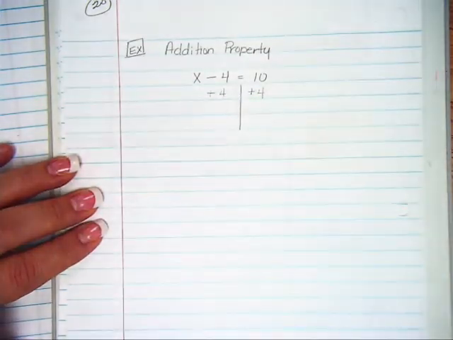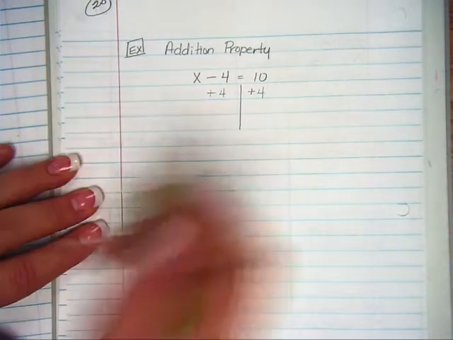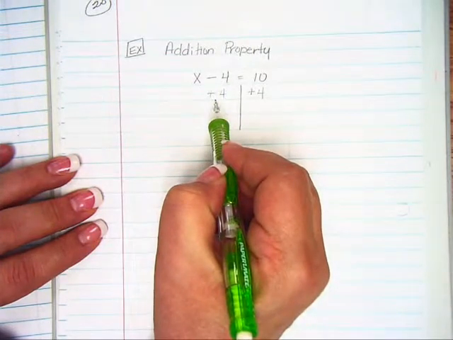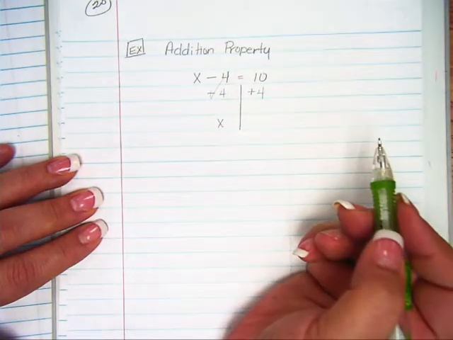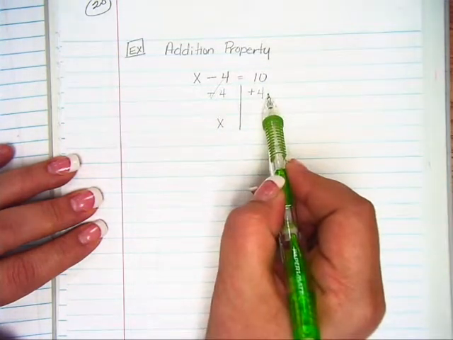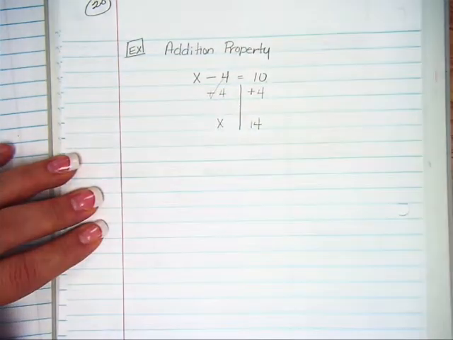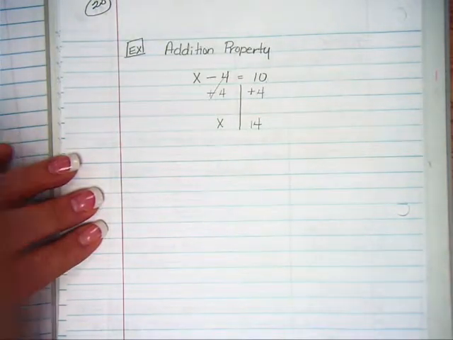Why do I have to add 4 to both sides? Exactly. That's the addition property of equality. It won't be the equivalent equation if I don't do it to both sides. It won't work. So when I have a negative 4 here and a positive 4 here, what do those do? Cancel. So all I'm left with is x. And then what is over here? 10 plus 4 is 14. Now when you do it that way, you've used a one-step equation to figure out the number that goes there.